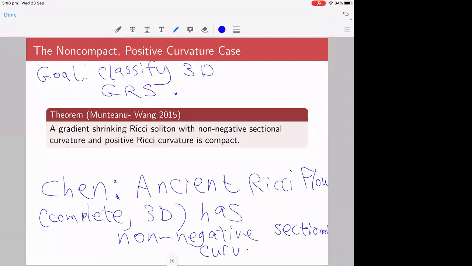So this is really, really useful for us if we can somehow prove this Munteanu-Wang result. So this is what I'll be doing for probably most of today. Maybe we'll knock it out quicker than that.